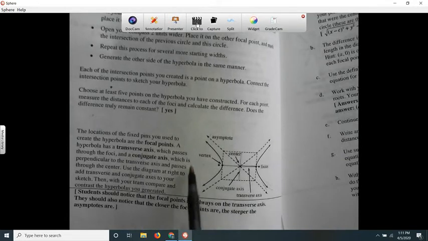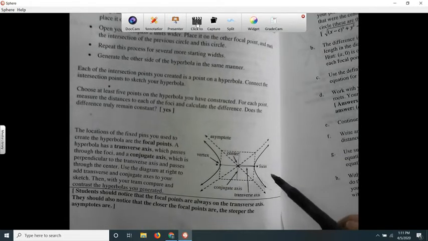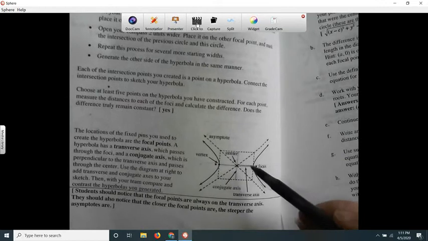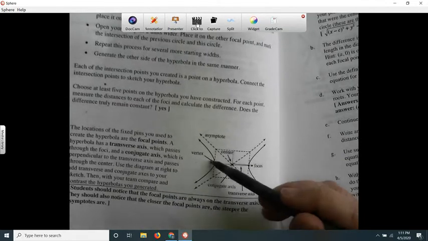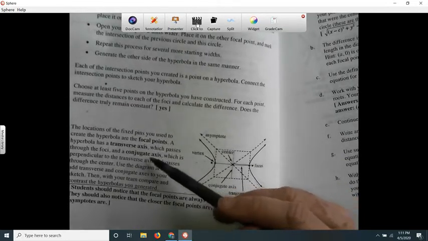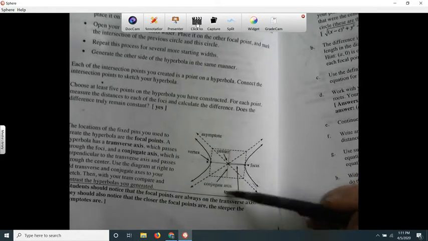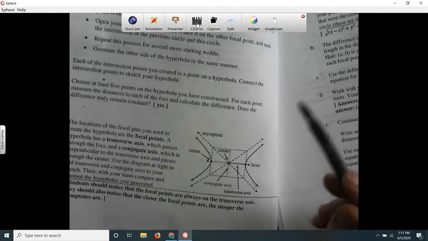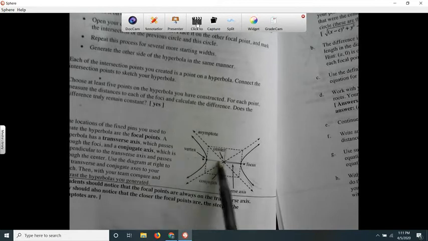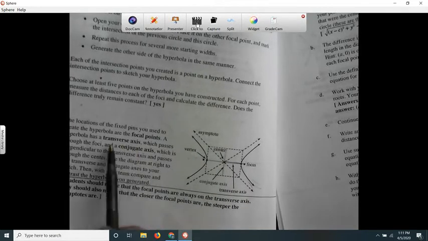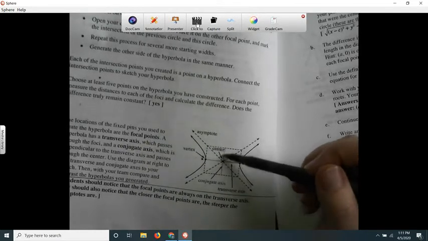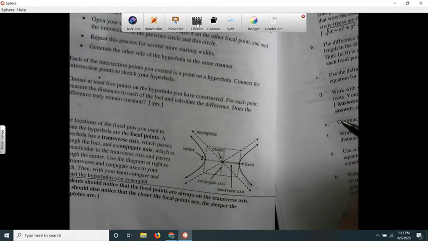The axis that has the foci and the vertices on it is called the transverse axis, and the other axis is called the conjugate axis.